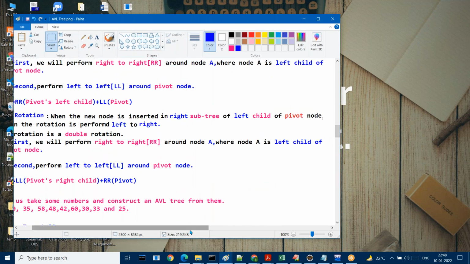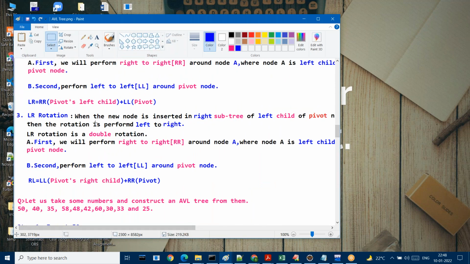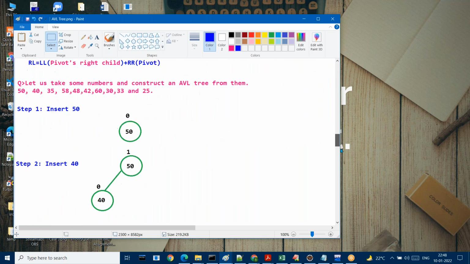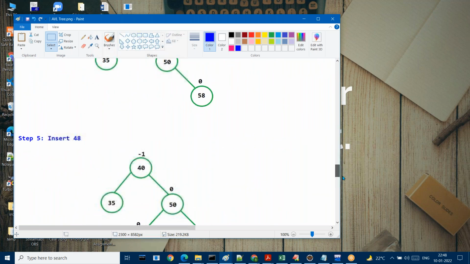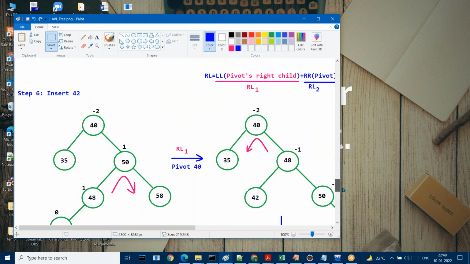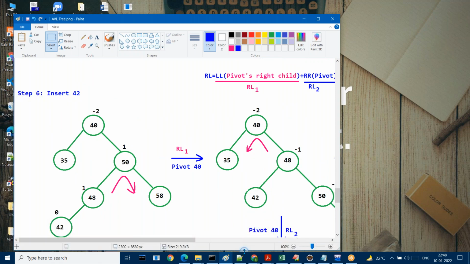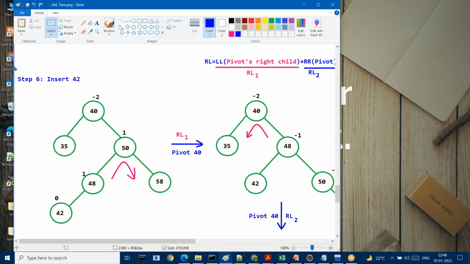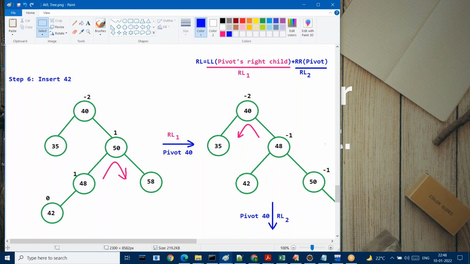Remaining things we have to make correct tomorrow. Then we will continue with the remaining nodes in insertion. Hopefully we will get the LR rotation also, so that we can identify the mirror image of RL rotation. Today also I'm not sharing the note, guys. Tomorrow after completion I will share the note, because it is not completed yet.